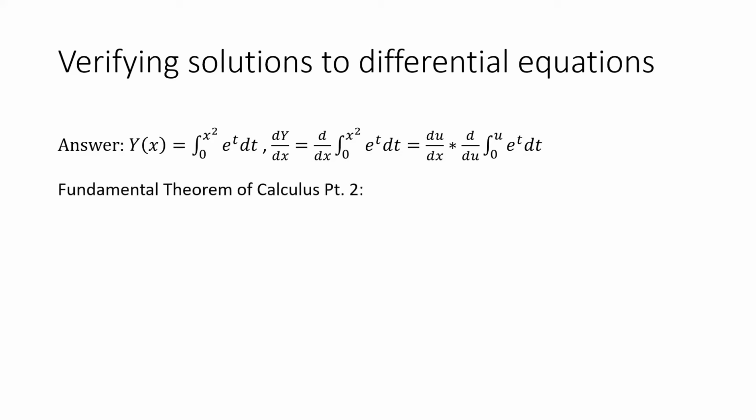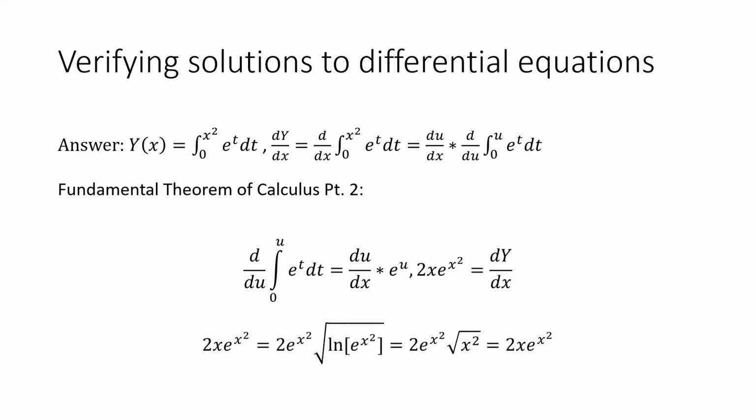Now, according to the second part of the fundamental theorem of calculus, if we differentiate an integral from some value to another, it'll just be the original expression with the limits of integration in it, times the derivative of the limits of integration. So du/dx times e^u. And since we know what u is, we can just get to the last step, and that'll be 2x times e^(x^2) is equal to dy/dx.